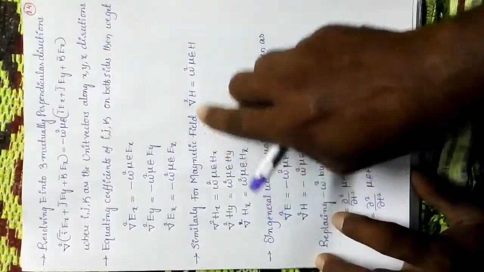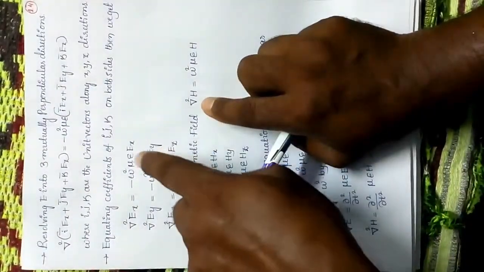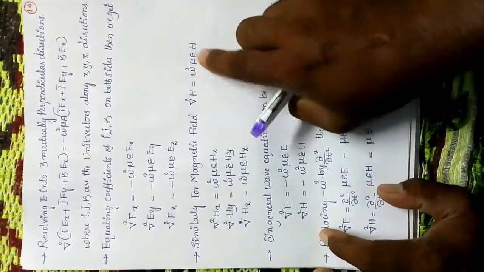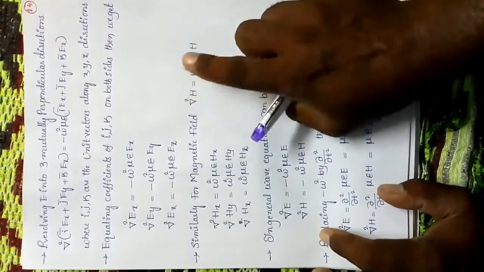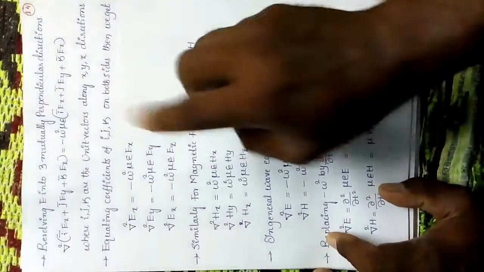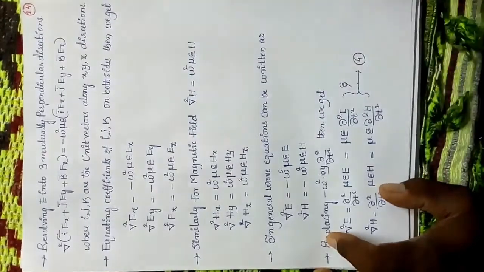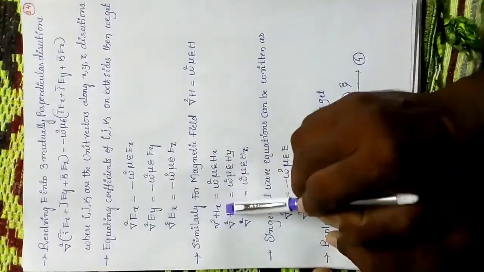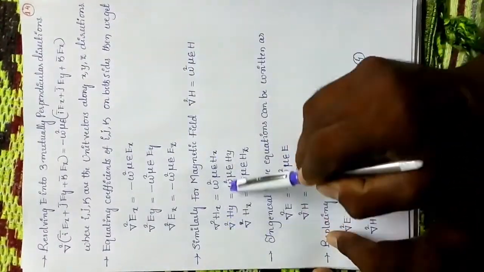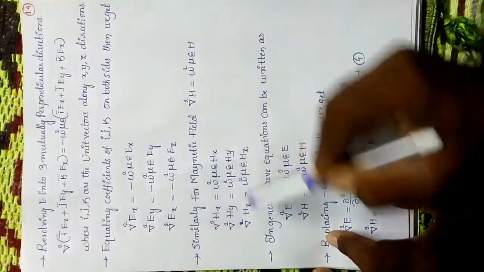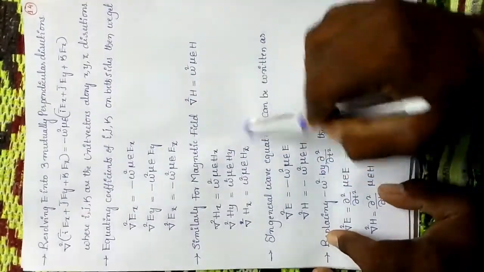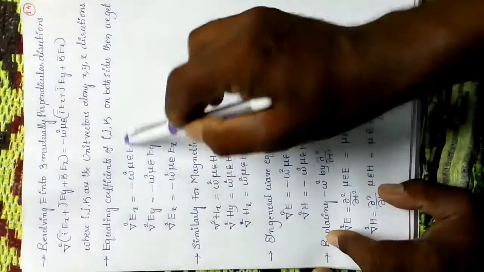Similarly for magnetic field, here del square E is equal to minus omega square mu epsilon E, but here del square H is equal to plus omega square mu epsilon H. Only H and E is the difference, whereas in electric field E is there, in magnetic field H is there. That is the difference. So del square Hx is equal to positive of this term, in place of Ex you write Hx. Del square Hy is equal to positive of this term, in place of Ey you write Hy. Del square Hz is equal to positive of this term, in place of Ez you write Hz. This is regarding magnetic field, and this is regarding electric field.